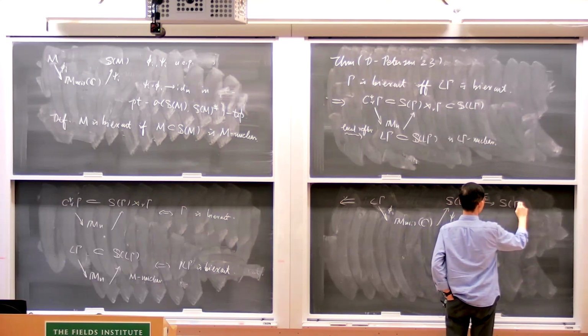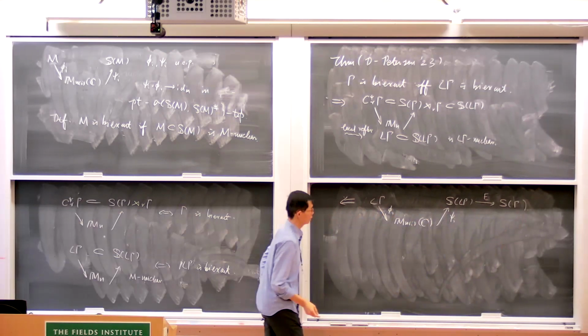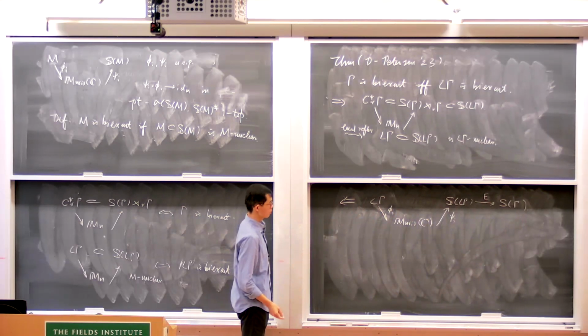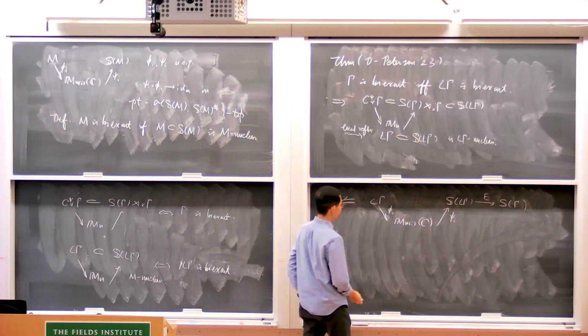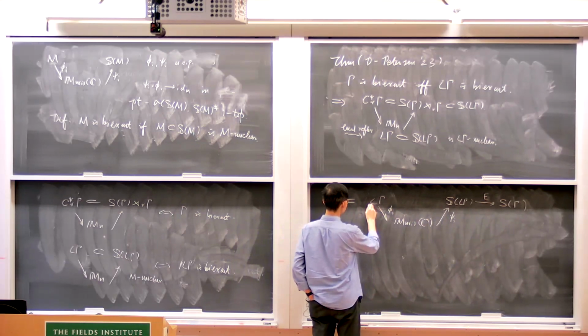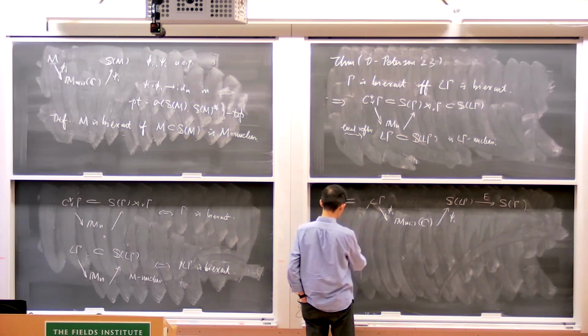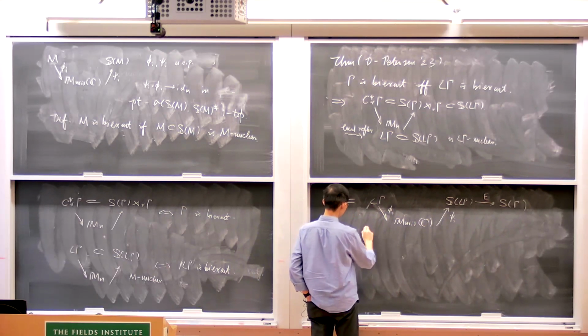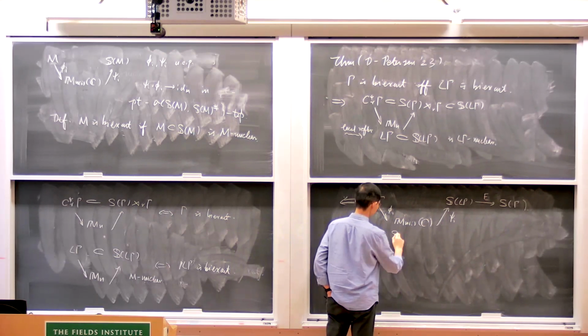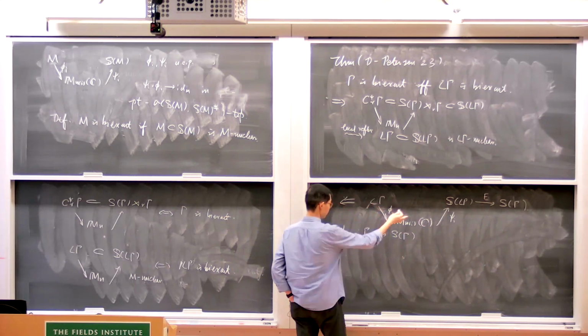That gives us a map from L Gamma to the small infinity boundary for the group. And now you can define a map from the group Gamma to the function space, given by this map here.